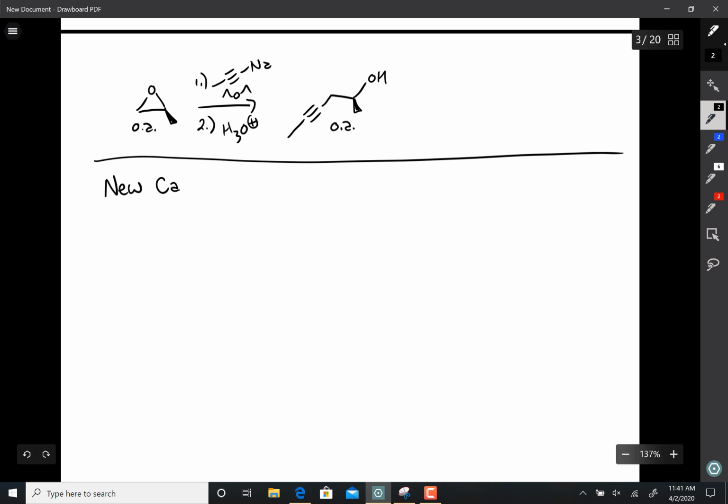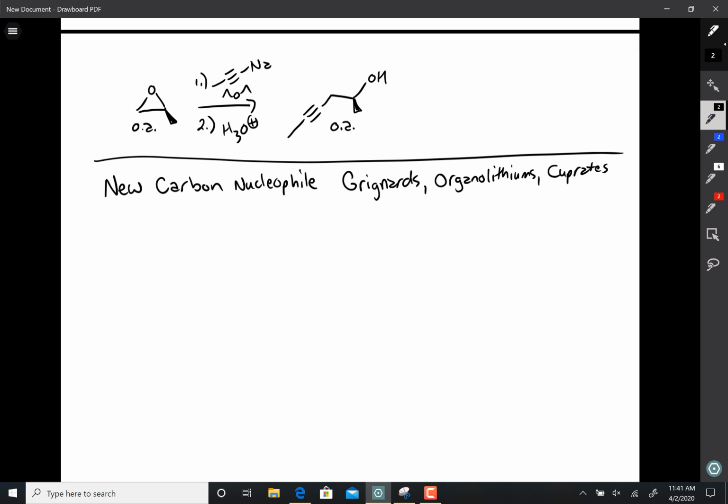Let's talk about a new carbon nucleophile: Grignards, organolithiums, and cuprates. And I'm going to underline cuprates because they are the best at doing this type of chemistry.